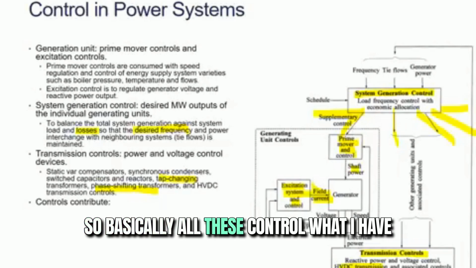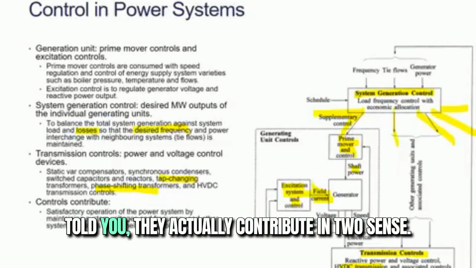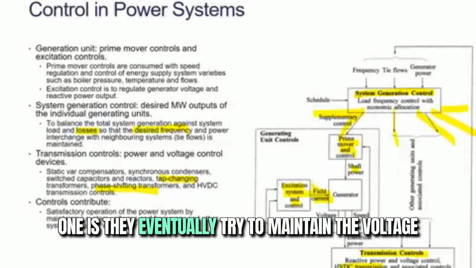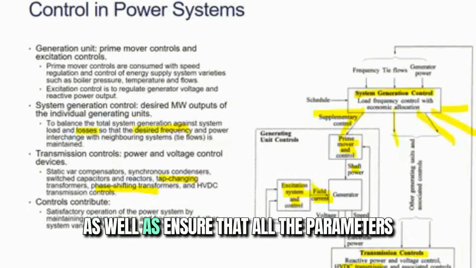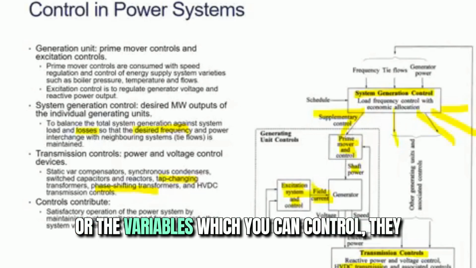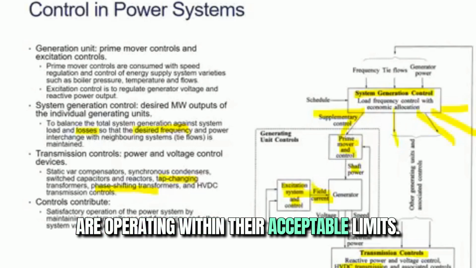So basically all these controls I have told you about contribute in two senses. One is they eventually try to maintain the voltage and frequency at a rated value, as well as ensure that all the parameters or variables which you can control operate within their acceptable limits.